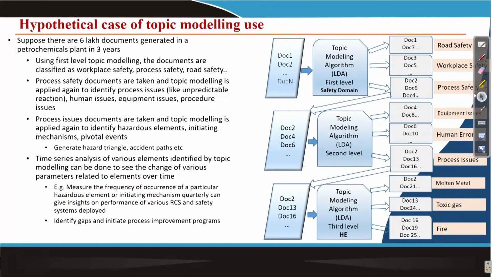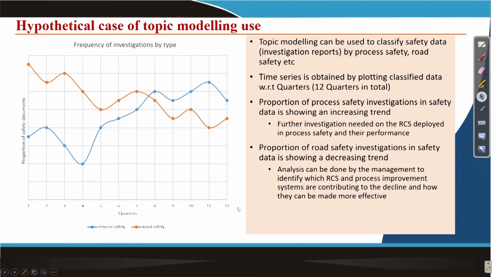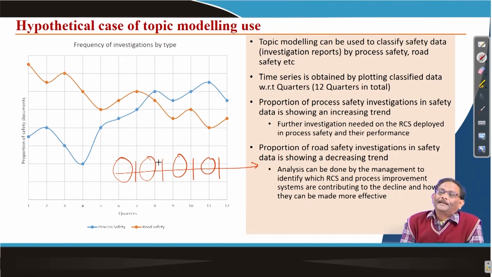Now if you do it like this, what other benefits do you get? Suppose you divide the documents you get over time, say quarterly: in this quarter so many documents, in the second quarter all those documents. You take the documents quarterly, do the topic modeling, and you will be able to find out which kind of safety issues are coming over time.